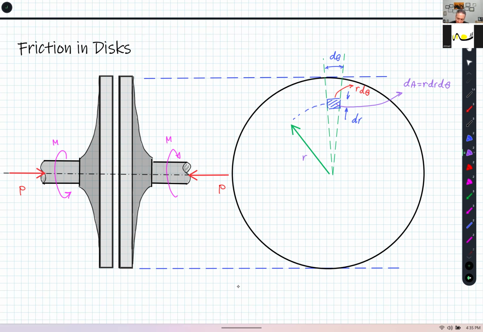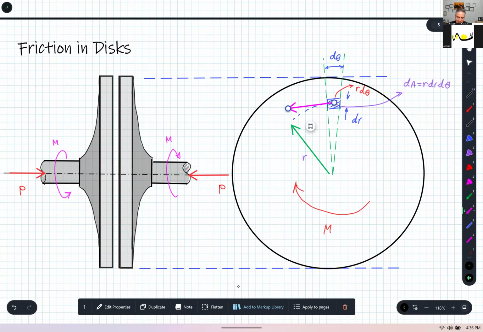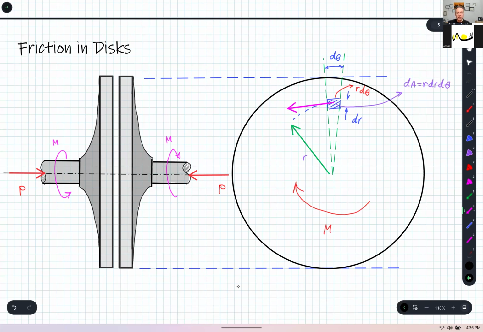Now, when the disk is under a moment M, obviously the other disk comes there, and that little element is in contact with its counterpart on the other disk, so there must be some friction there.